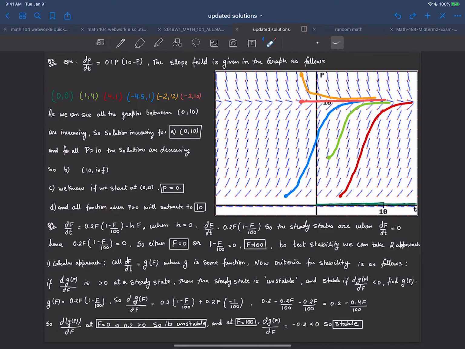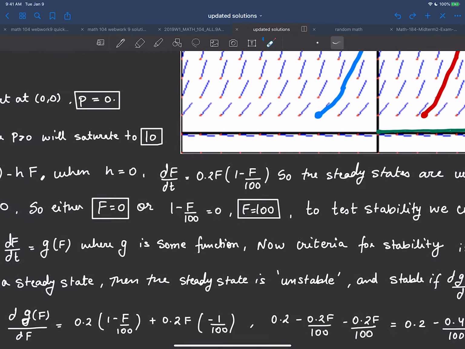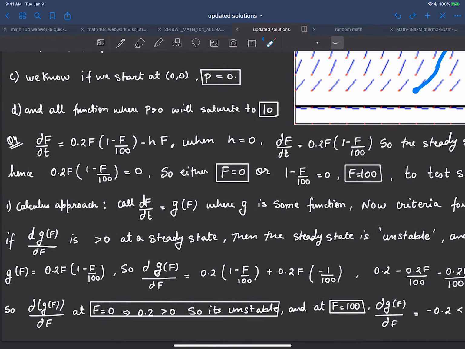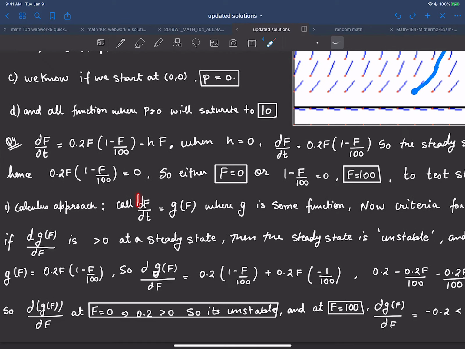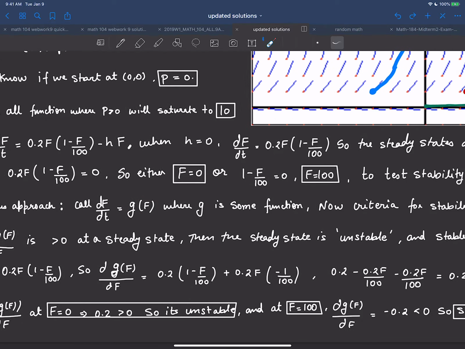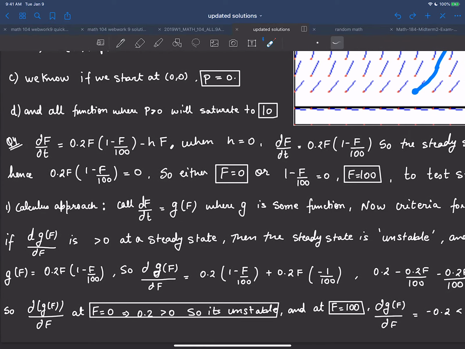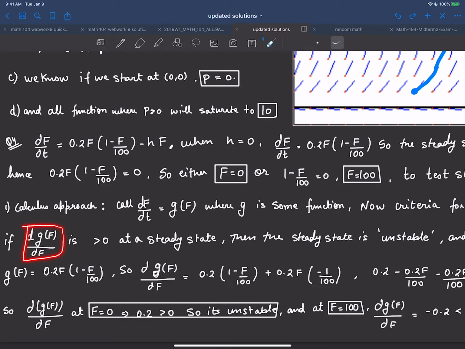The previous approach that I talked about, which we skipped through, is called the calculus approach. All you have to do is take whatever function you have for df/dt, which is some function of f, as we talked about. In this case, the function of f is just that thing, so you call it g(f). The criterion is: if the derivative of that g(f) polynomial with respect to f is greater than 0 at a steady state, then the steady state is unstable, which means the slope is positive.